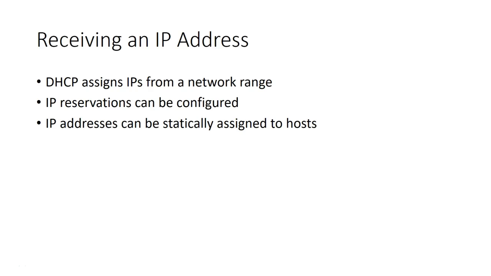IP addresses can also be statically assigned or manually assigned to hosts. So whenever a network engineer is configuring a host, they can set up IP addressing to be automatic, which is through DHCP, or they can set it up to be statically assigned. And when you statically assign an IP, you give it an IP address, a subnet mask, a default gateway, and a DNS server or servers.